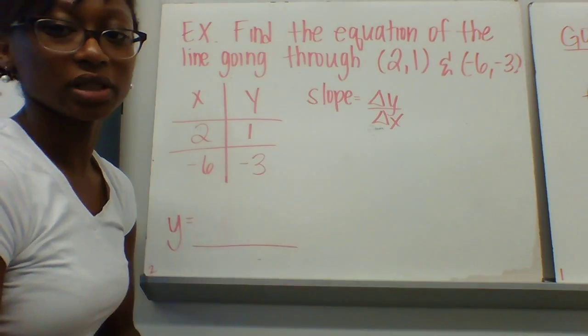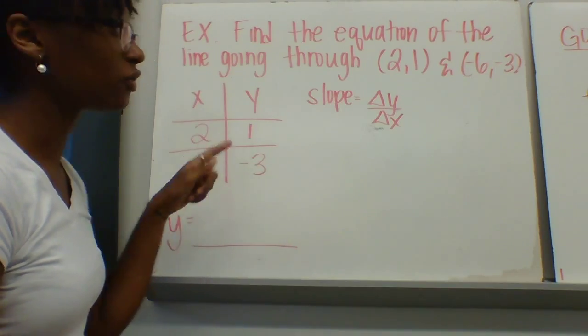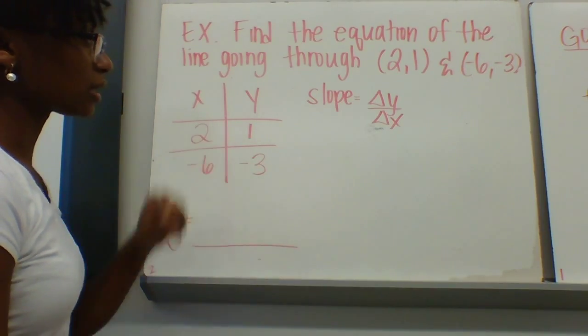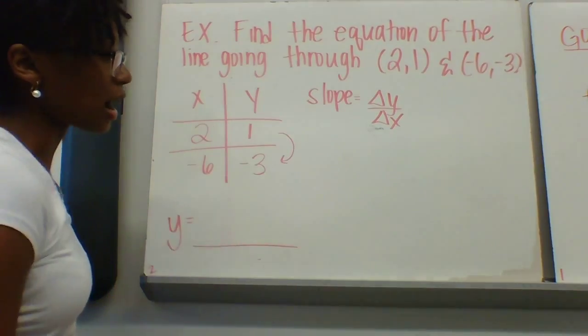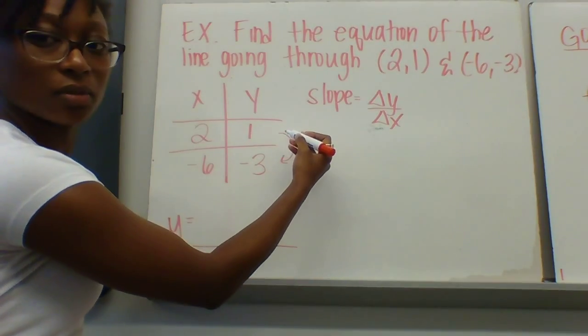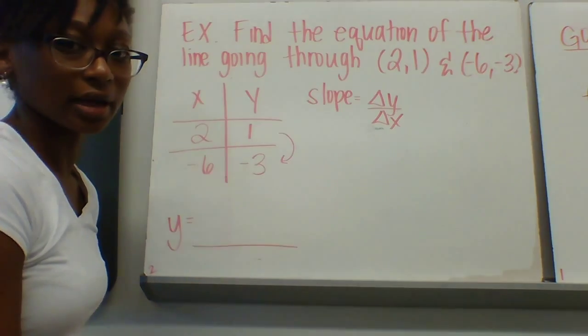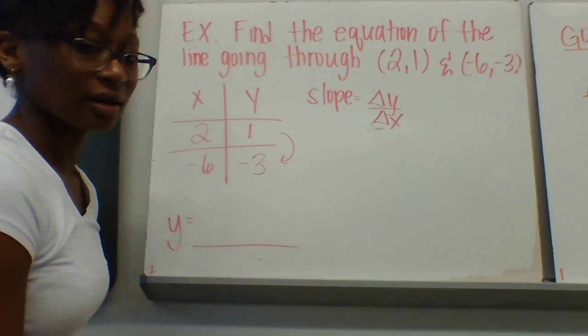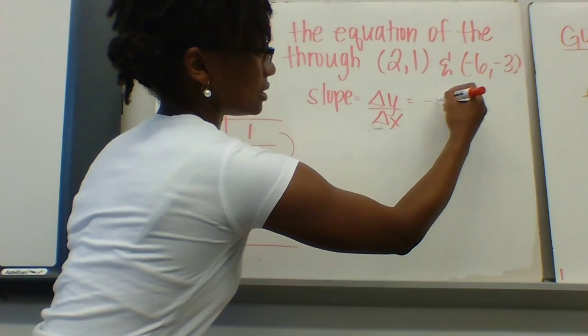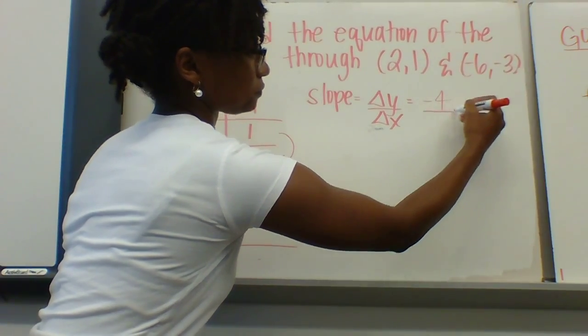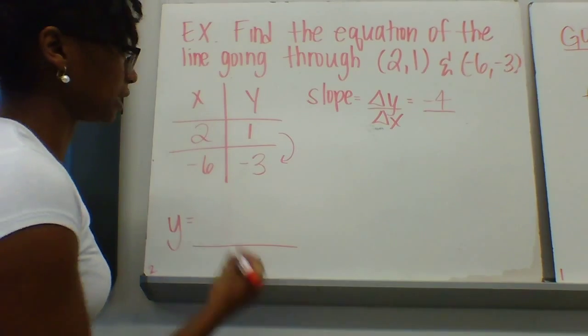You know that the slope is change in y over change in x. So when I look at my table and I think about my change in y, to go from 1 to -3, I'm going back 4. So my change in y is -4 over my change in x.